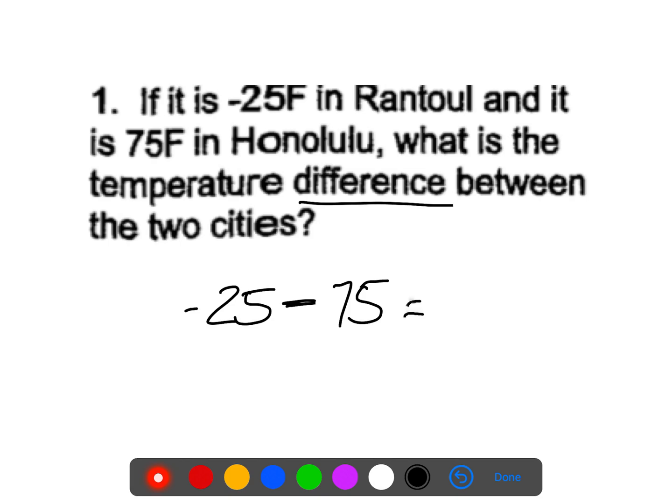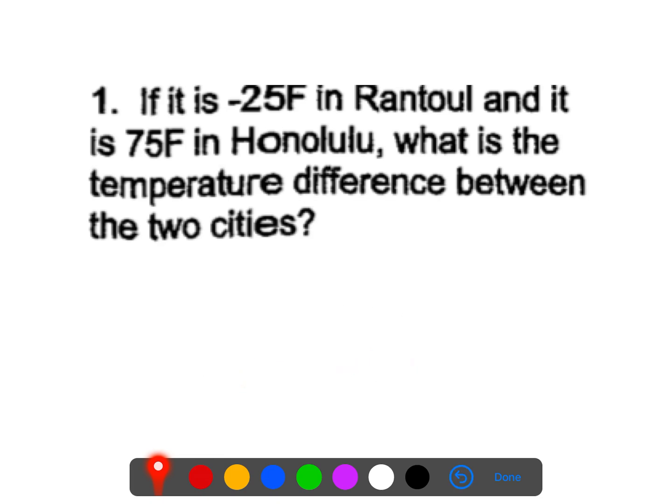We could solve that, but I would use addition to solve it. So I would rewrite it as negative 25 plus negative 75. So we're adding the opposite. You know what? I actually wrote this backwards. Let me clear that off.